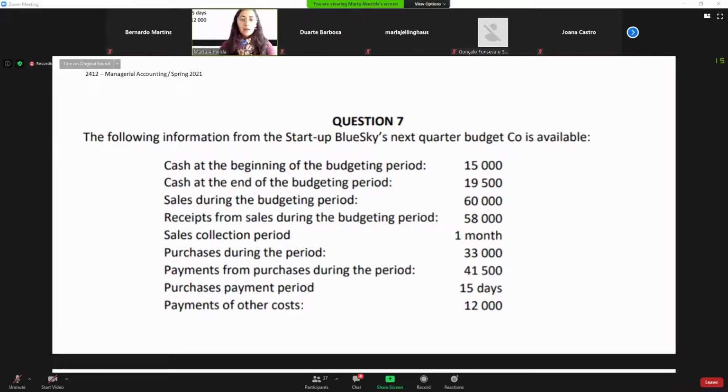So for us to identify the amount of receivables from clients at the beginning of the period, how can we go about to get this information? So which information that we have available that is relevant to get the value of receivables at the beginning and at the end of the period? Who can participate?